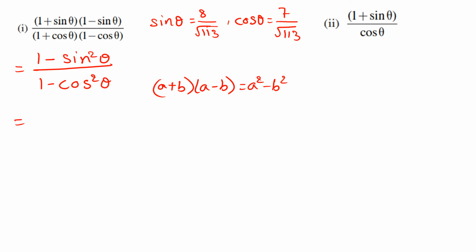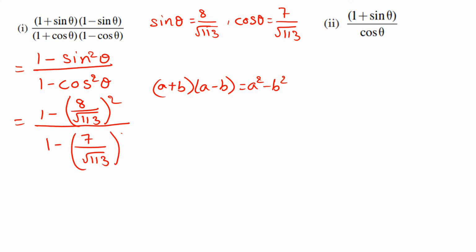Substituting the values, we get 1 minus (8 by root of 113) whole square by 1 minus (7 by root of 113) whole square. 8 square is 64, and root of 113 whole square is 113, so we get 1 minus 64 by 113 by 1 minus 49 by 113.